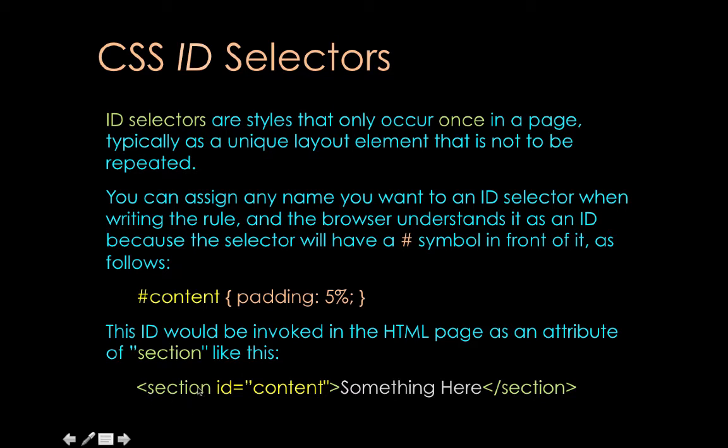So you'd have section as the tag, and then as an attribute you use the word ID, equals, and then the value would be content. Notice that here where I say ID equals content, I don't put the hashtag. I only put it when I'm defining the rule in CSS. But here it's ID equals content in quotation marks.